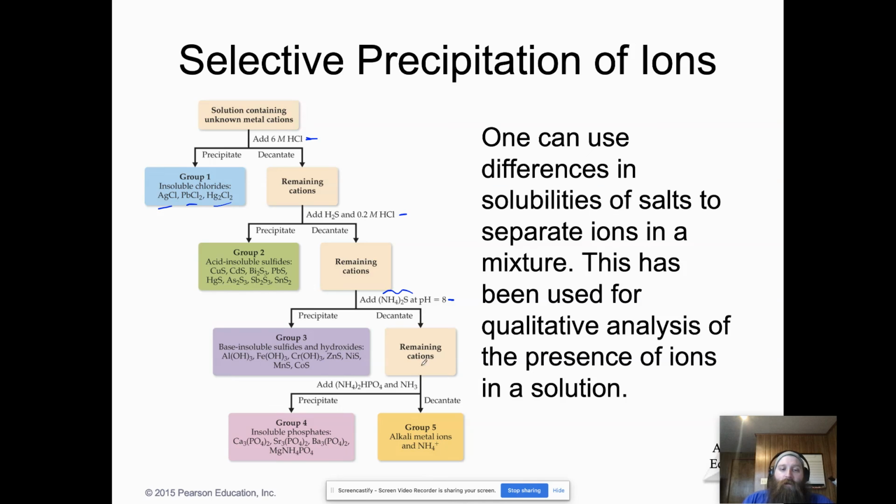The last thing that I would do with my decanted mixture, of whatever's left, is add some ammonium species and ammonia, and that will give me my phosphates. Anything left must be an alkali metal, because our alkali metals are typically soluble, and ammonium species are also typically soluble. So this is the flow chart I would use to go through that.